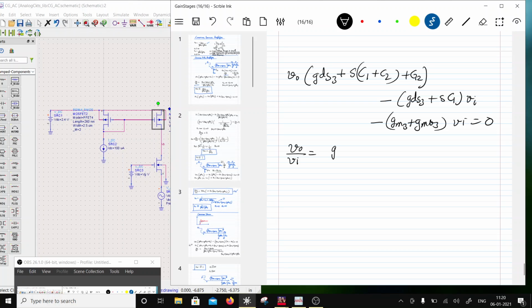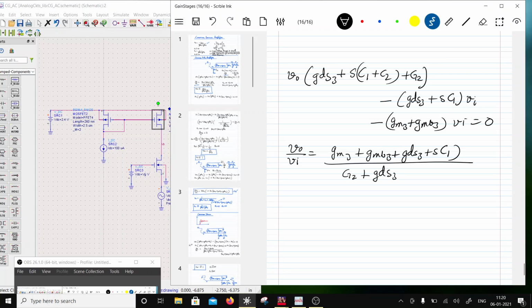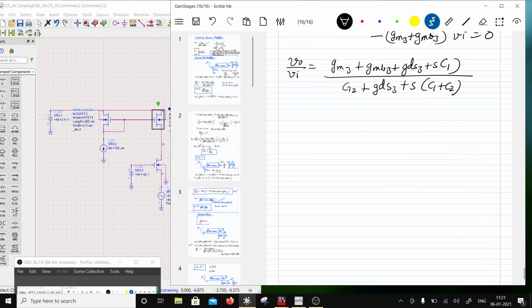So it will be GM3 plus GMB3 plus GDS3 plus SC1 divided by G2 plus GDS3 plus SC1 plus C2. That's correct.